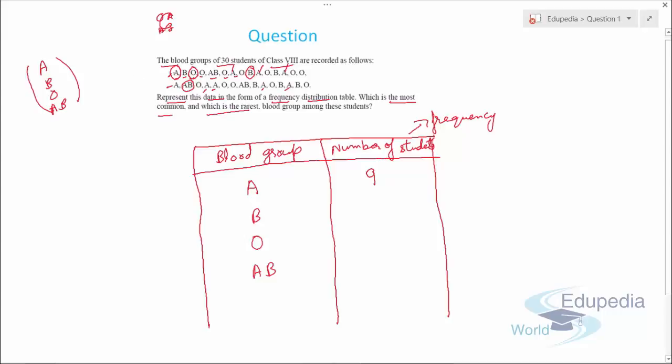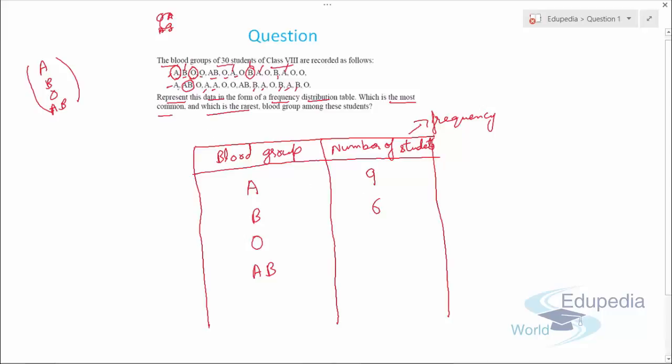Similarly, for B, we need to count. So let's say this is 1, this is 2, 3, and we have 4, and 5 and 6. So we have 6 students under the blood group B, so we need to write 6 over here.